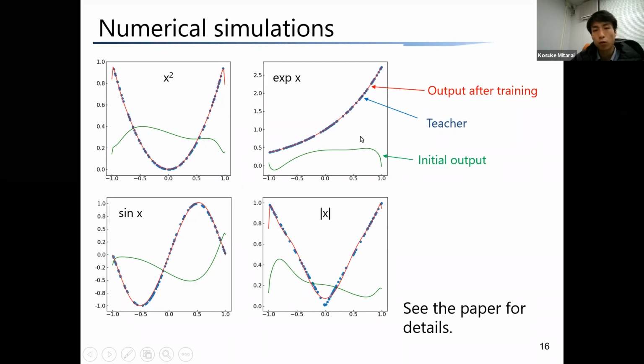In this example, I trained the quantum circuit to output these functions by training on this teacher, and you can see that the output after training really agrees with the teacher, and it is outputting various functions of x. Please see the paper for the numerical simulation details, like what quantum circuit we used and what kind of optimizers we used.